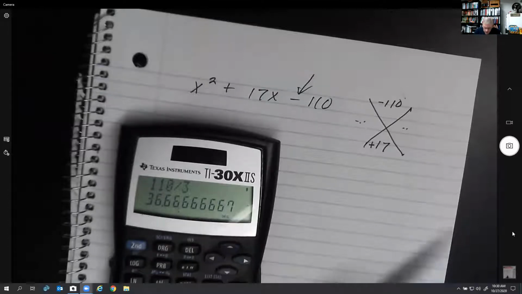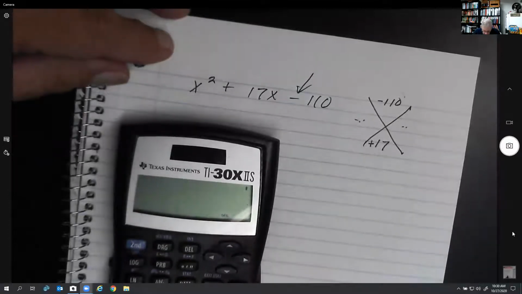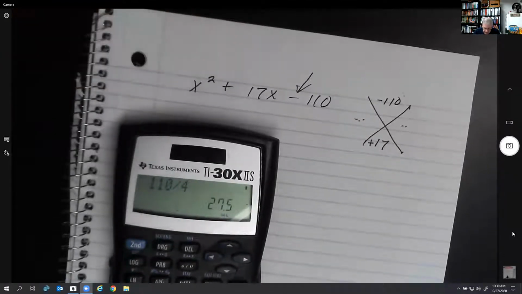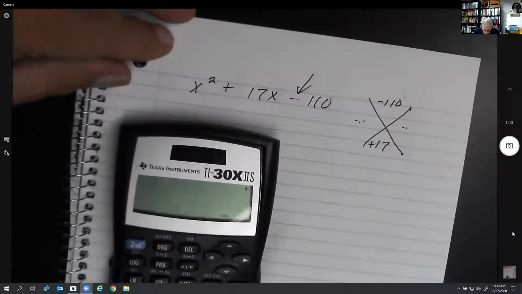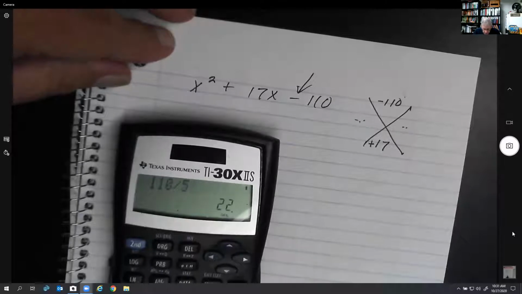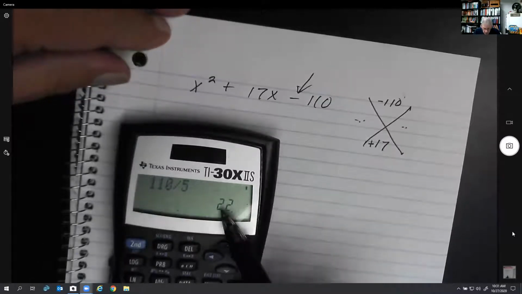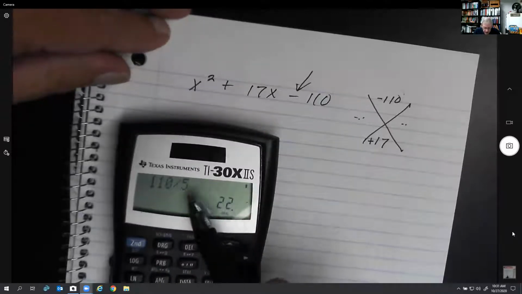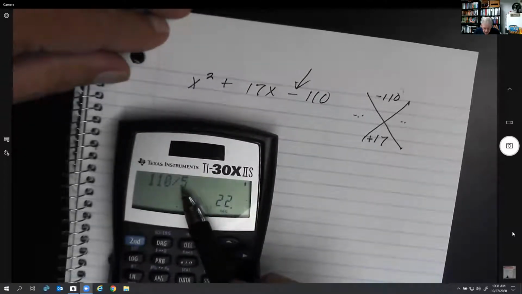I need a whole number. So that's not going to work at all. 110 divided by 4. Again, that's a decimal. That's not going to help. How about 110 divided by 5? 22. 22 plus 5 is 27. Not good. 22 take away 5 is 17.